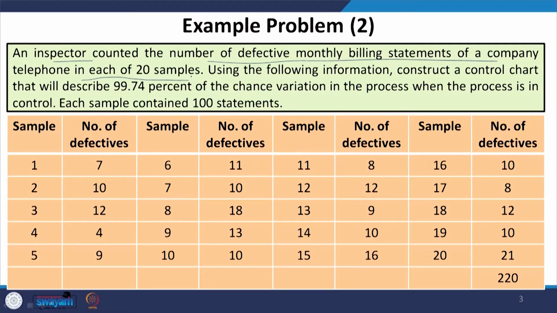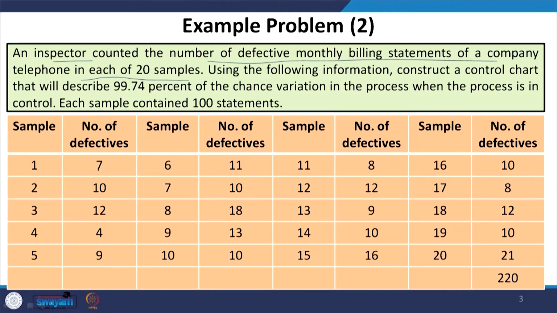In this example the situation is like this. There is an inspector who is counting the number of defective monthly billing statements of a company telephone in each of 20 samples. Every time, the inspector randomly selects bills.